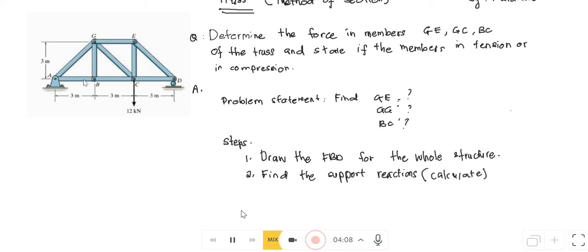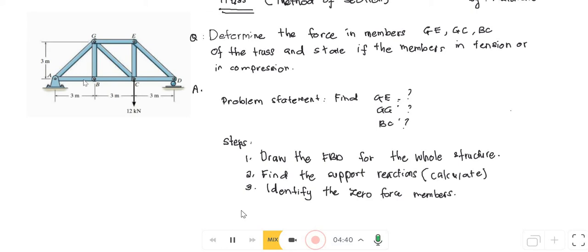Okay. The next step is we need to identify the zero force member. You can do step number 3 first, like after you draw the FBD for the whole structure.